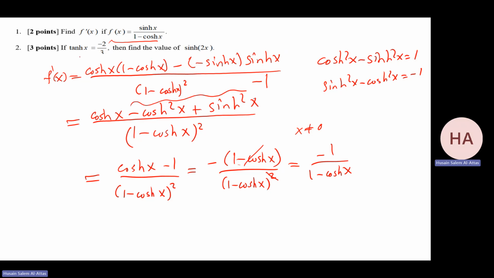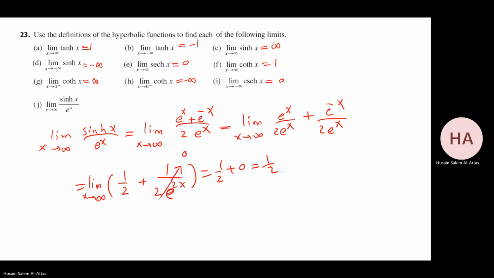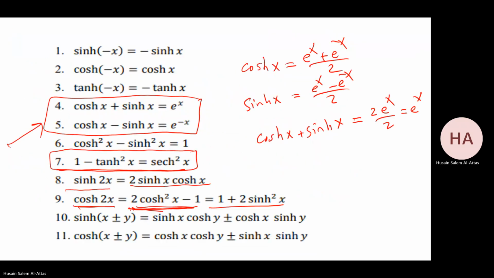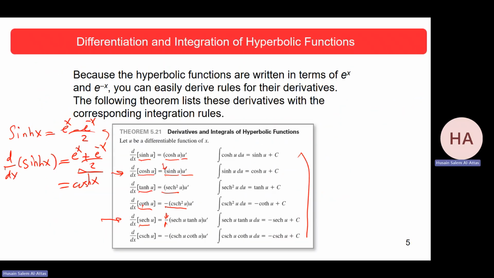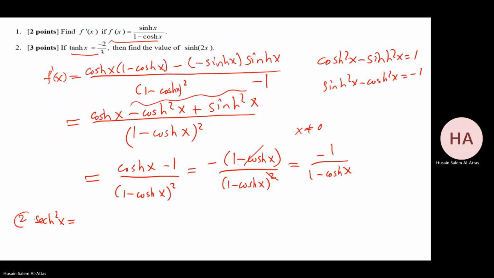Okay, now I have this one. I can get the secant hyperbolic square, which is, if you remember the formulas, 1 minus tan hyperbolic square x.